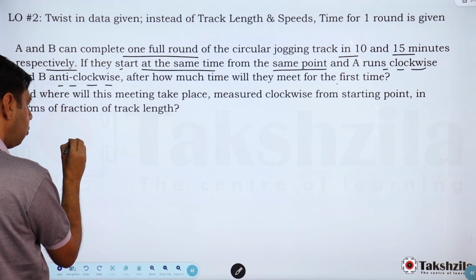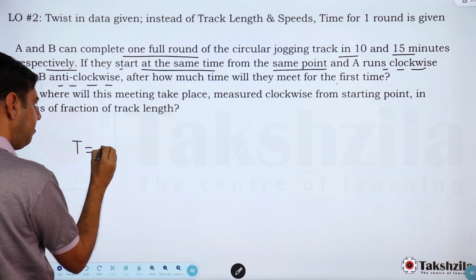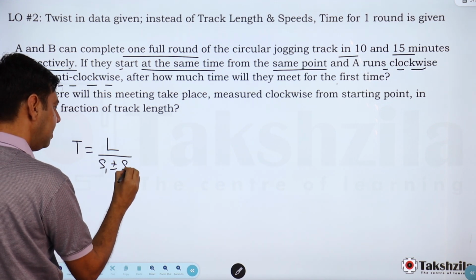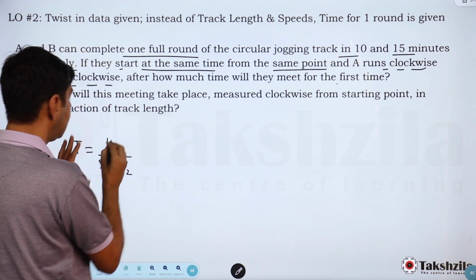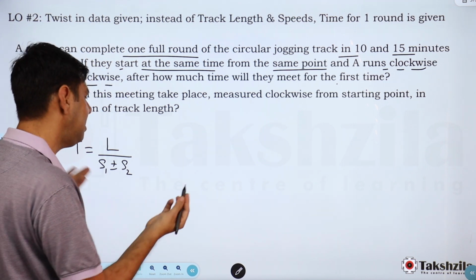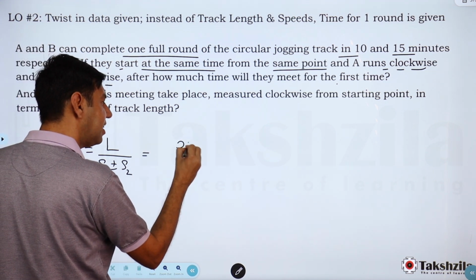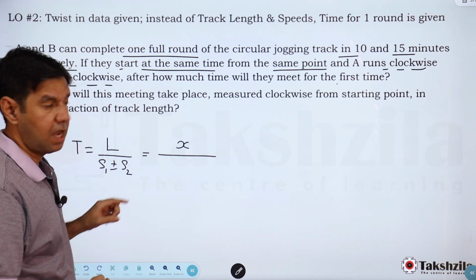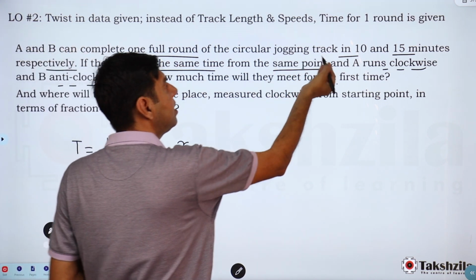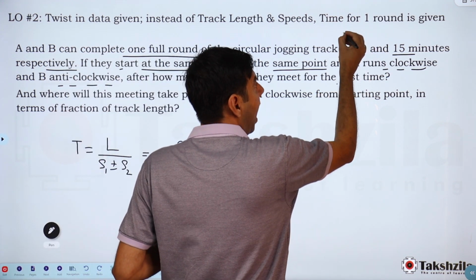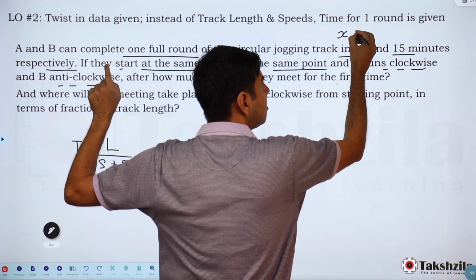So we go back to what we know. The time taken is the track length over relative speed. But this time we do not know the track length and the relative speed. Doesn't matter. You could start with a variable. So if the track length is X, the moment I assume the track length as X, from this data, I know that one round is X units, right?